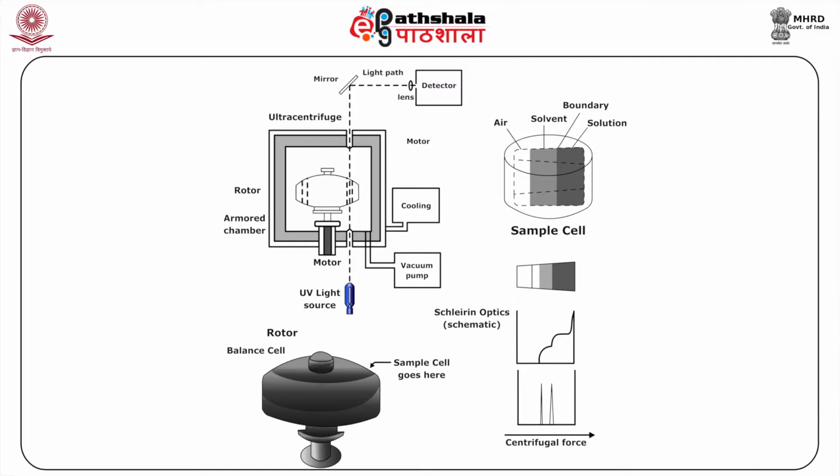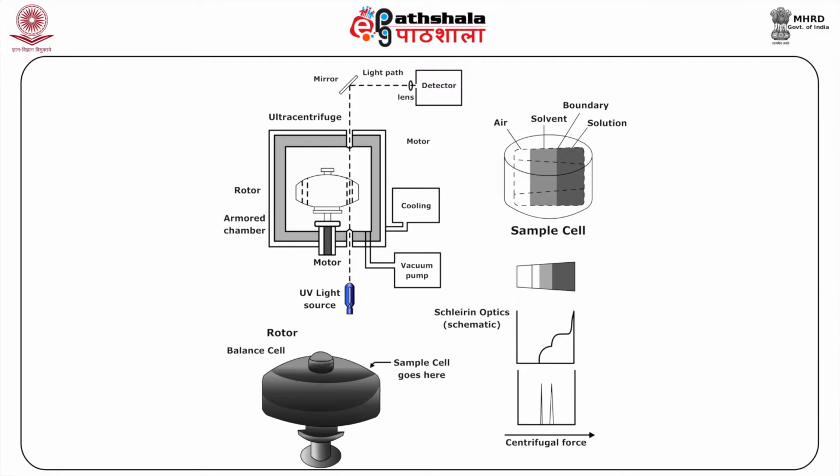The rotor, whose photograph has been represented as a part of the ultracentrifuge above, is basically a circular-shaped body made of strong titanium steel and is placed within an armored chamber over a spindle which can be rotated at very high speeds by a motor.